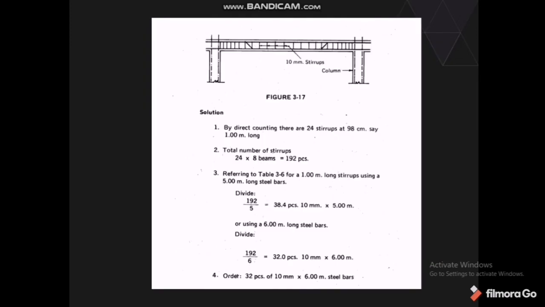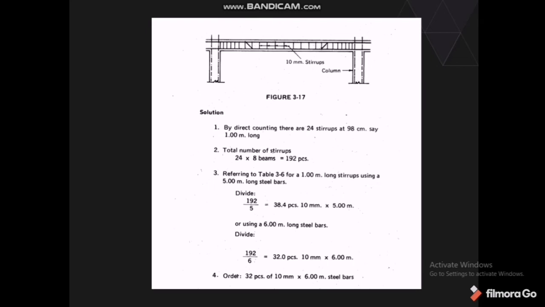The problem is a concrete beam with a cross-sectional dimension of 25 by 40 cm that requires 10 mm open stirrups spaced as shown in Figure 3.17. Prepare the order of 10 mm steel bars for stirrups of 8 beams with the same category.